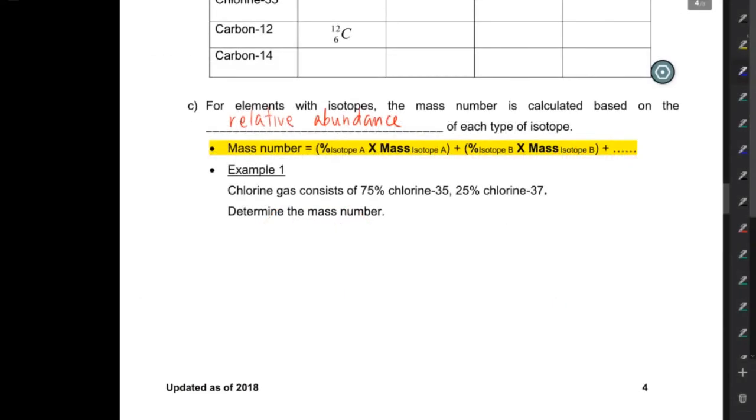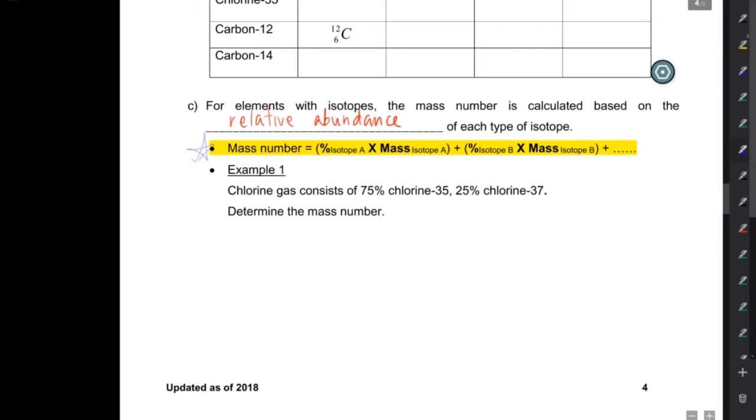Let's take a look again. With this formula itself, the mass number is equivalent to the percentage of a particular isotope multiplied by the mass of this particular isotope, adding on the percentage of another isotope multiplied by the mass of the other isotope, and adding on for however many isotopes there are.